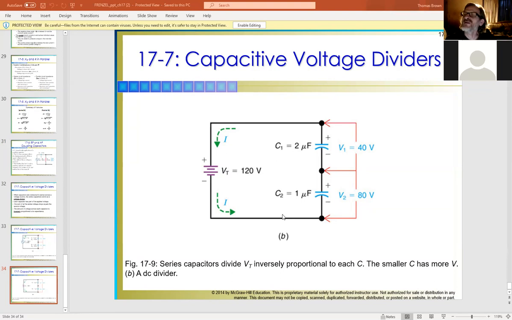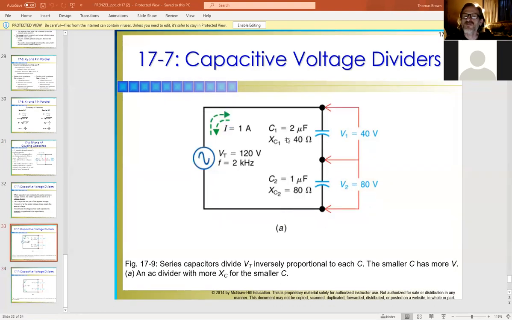Always remember X of C is going to be an inverse relationship because of the 1 over 2 pi FC. If X of C equaled 2 pi FC, then it would be a direct relationship, and that would change everything, but it does not work that way.